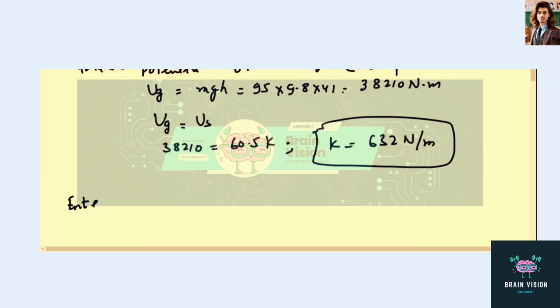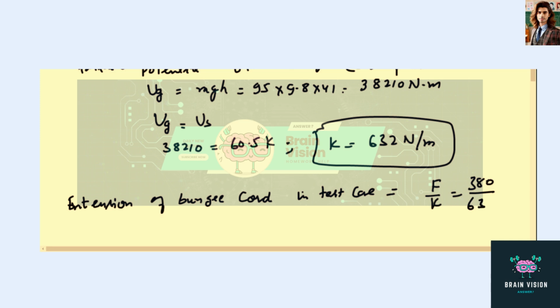The extension of the jumper's cord in the test case will be F upon k, that is 380 upon 632, that is 0.602 meter.